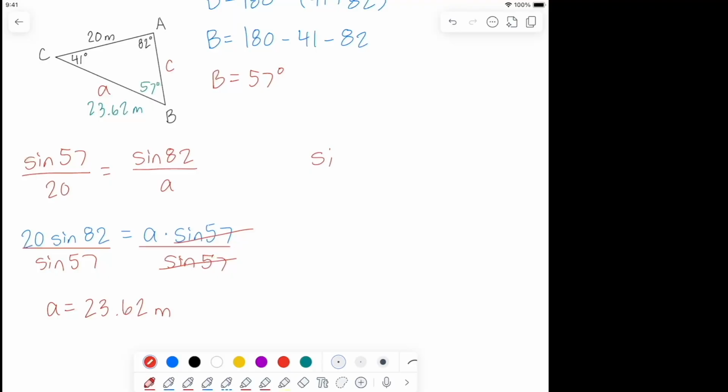Using the same ratio, sine of 57 degrees divided by 20 equals sine of 41 degrees divided by side length C. 20 times the sine of 41 equals C times the sine of 57.